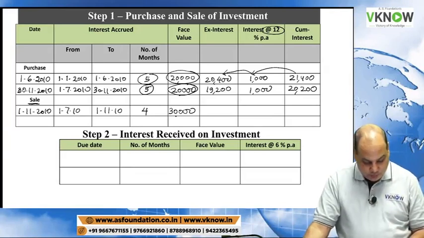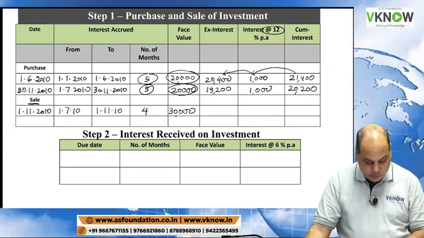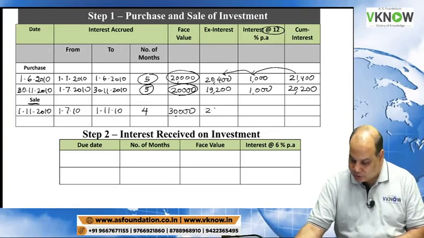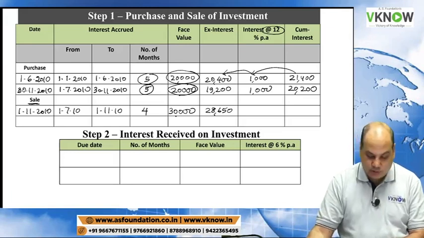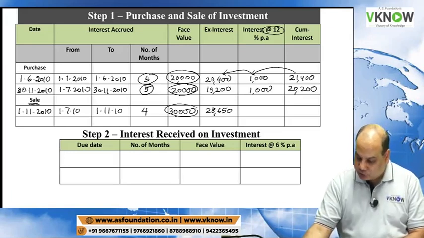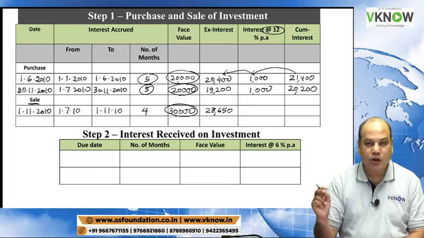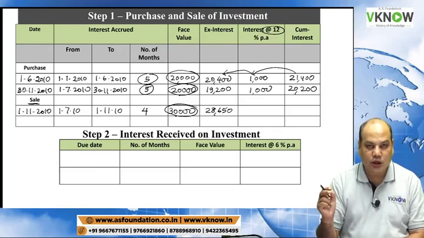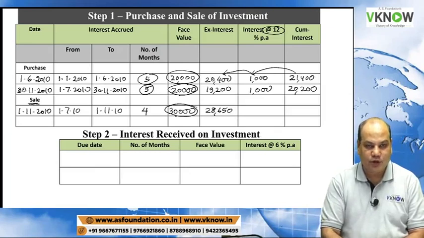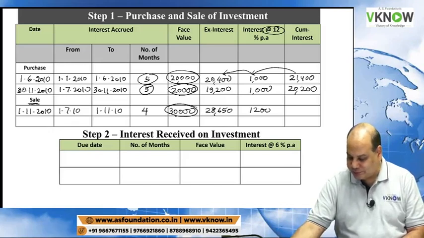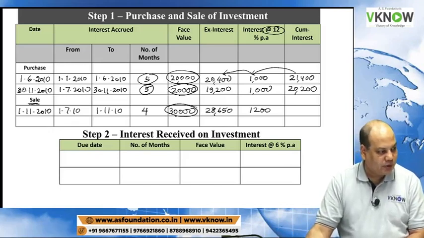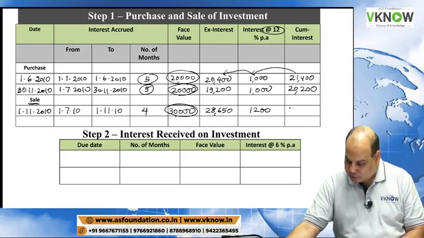What about others? And what was the price sold ex interest? 28,650. Question is in front of you. Calculate interest on 30,000 into 12% into 4 by 12. 1,200 rupees is right. And then when you add it, you'll get 29,850.